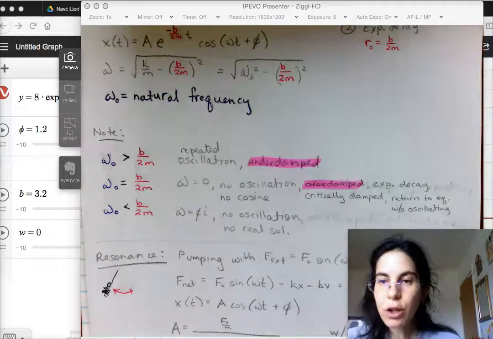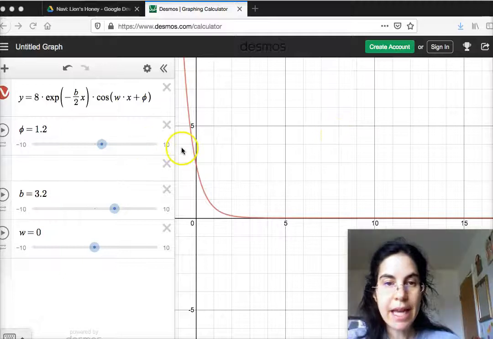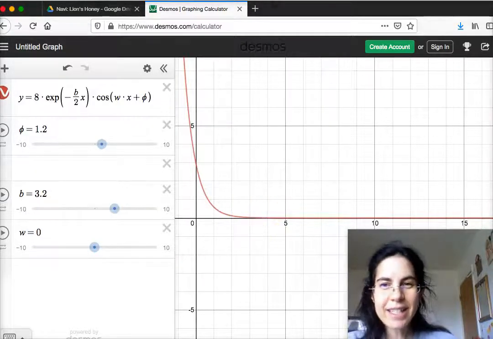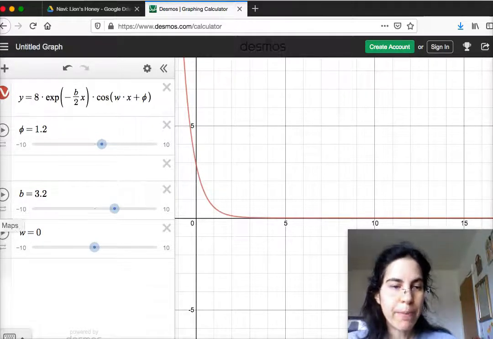Overdamped motion looks like exponential decay. The damping has completely taken over. The function dies down slowly, and if you're lucky, it eventually gets to 0, or something close enough to 0 for government work.